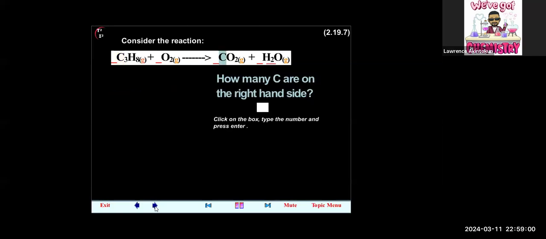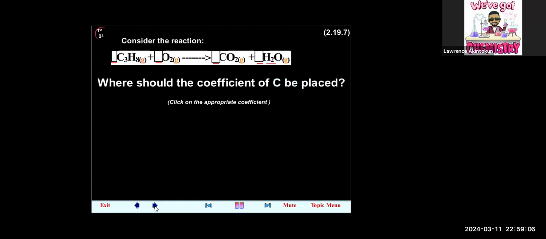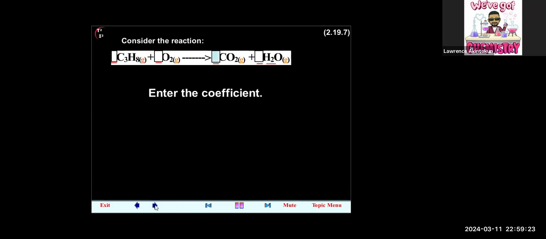How many C are on the right-hand side? Where should the coefficient of C be placed? Is it on the reactant side or on the product side? Enter the coefficient.